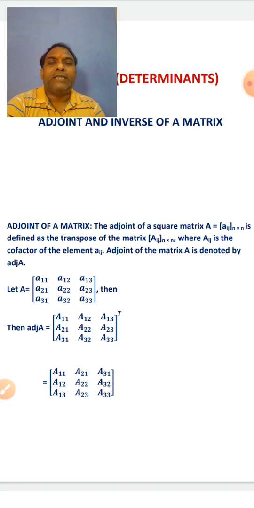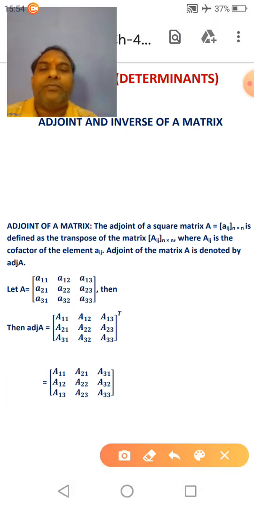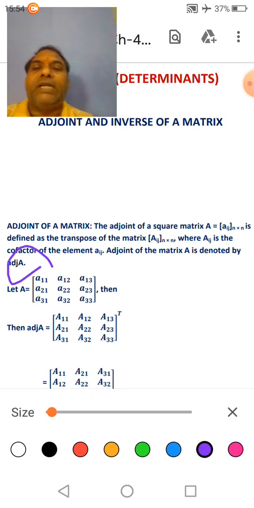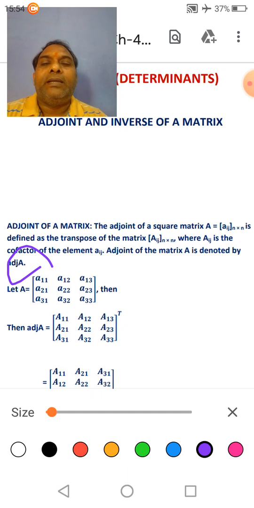Adjoint of a matrix capital A is denoted by adj A. Clear?